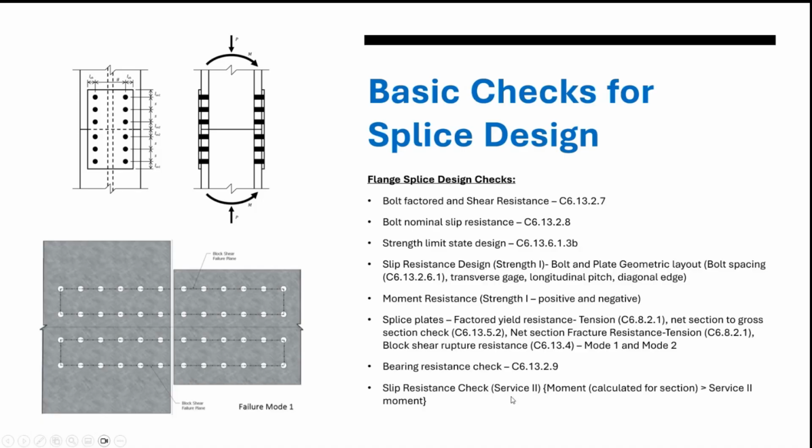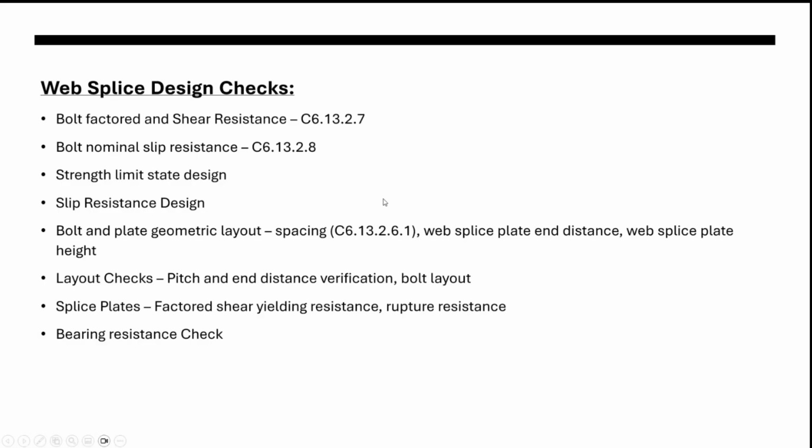And the slip critical check, for which we have used the Service II load combination. Similarly, for the web splice design, we check the bolt and shear resistance, bolt nominal slip resistance, strength limit state design, and slip resistance design, which we have already discussed for the flange splice plates.